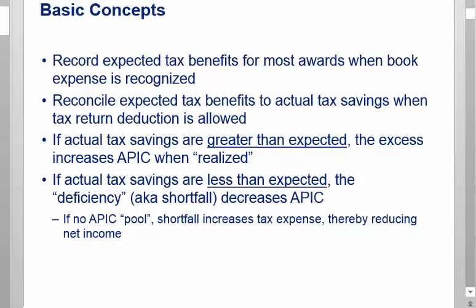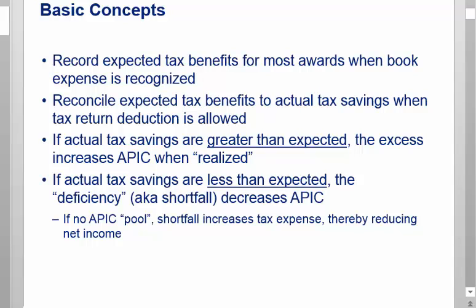So the first thing we do is in the year of the book expense. Let's say it's 2015, I'm a calendar year company, and on January 1 I grant to somebody an award, and that award's worth $100. The book P&L is going to reflect a $100 expense. Okay, so that's where we start.